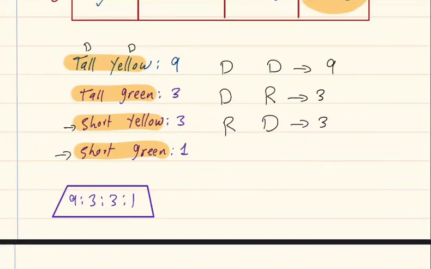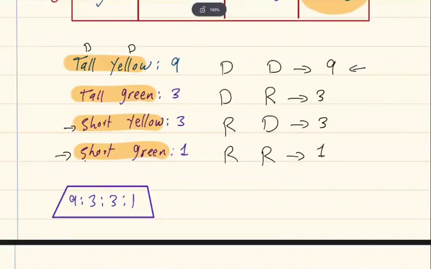And the last one is recessive and recessive. Recessive is going to be 1. So in F2, we will get this ratio. If we start with pure characteristics, in F2, always we will end up with these results. It is going to be the dominant characteristics 9, the dominant and recessive, and the recessive and dominant are going to be 3, and the recessive and recessive characteristics will be 1.